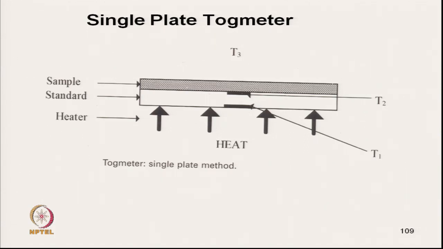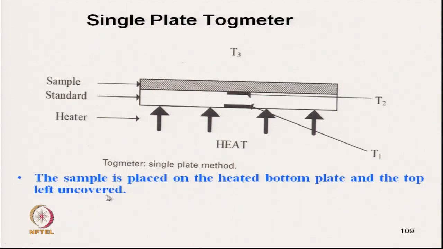So, T1 is the temperature at the heater, that is, at the bottom of the standard plate, T2 is the temperature between the standard plate and the fabric, and T3 is the temperature of the ambient air, typically about 1 meter above the fabric specimen, where the temperature is standard.